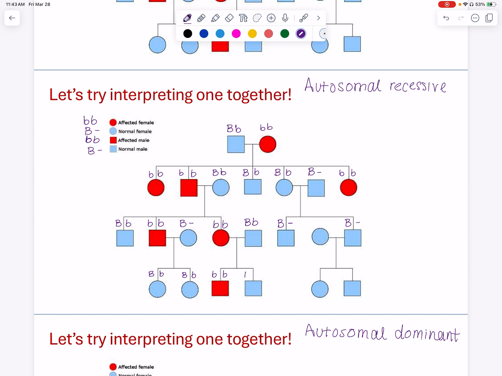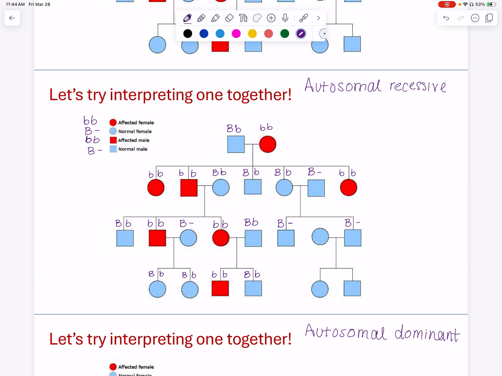And then the genotype for this offspring has got to be big B, little b, because this mom can only give a little b. So we've almost gone through this entire pedigree and have seen no apparent issues with any of the genotypes and how things are lining up.